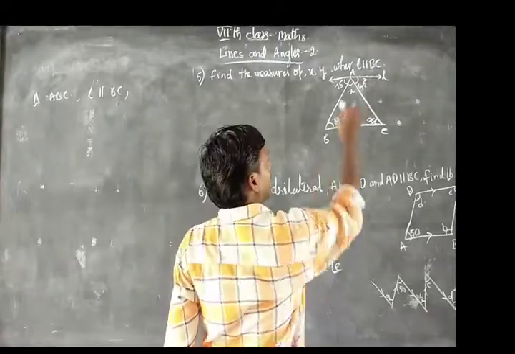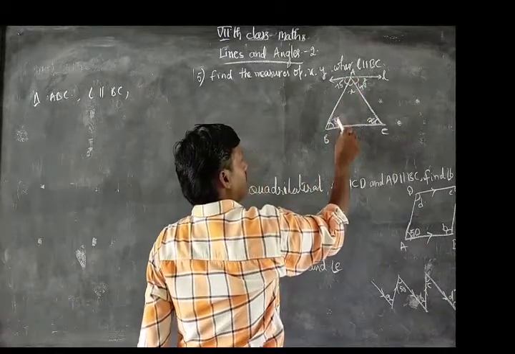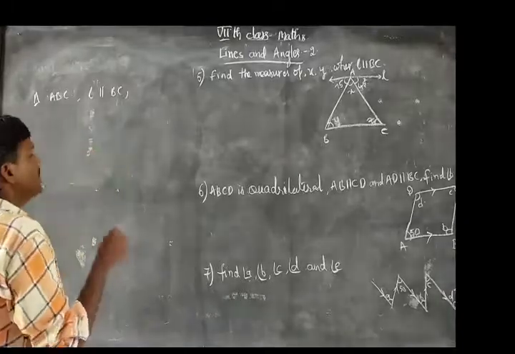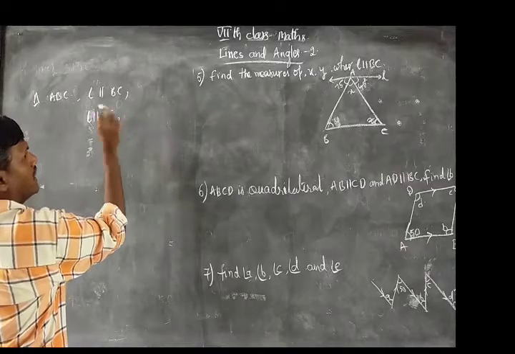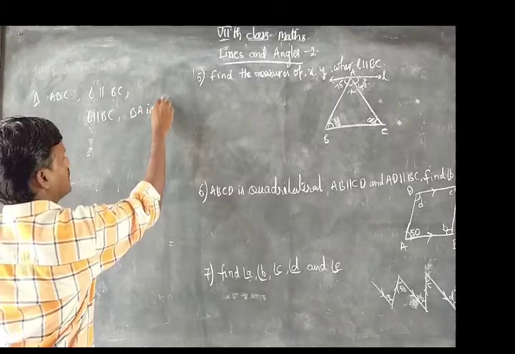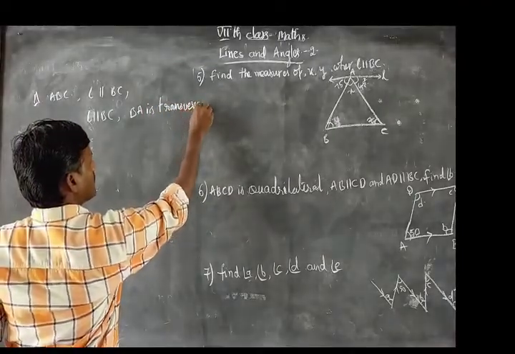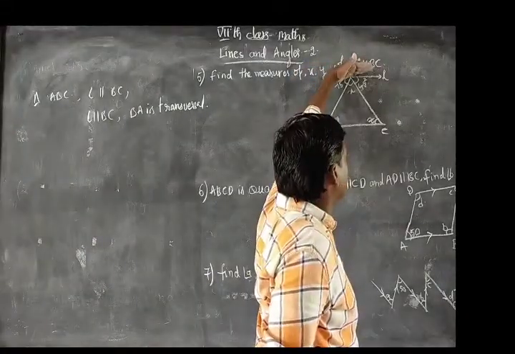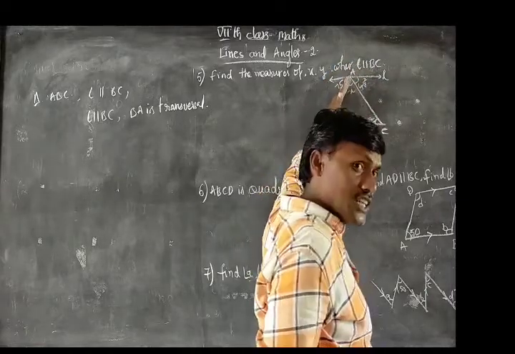If you observe clearly, AB is a transversal, and angle Y is equal to 75. L is parallel to BC, and AB is the transversal.